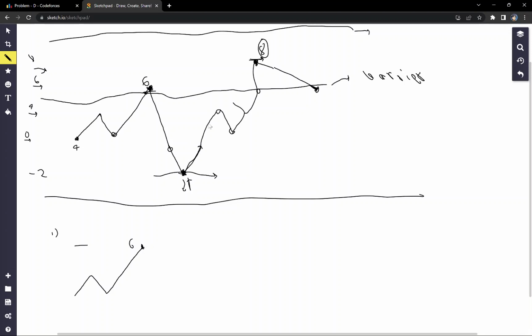Suppose this was -2 and this was 4, so it has increased its value by 6, so again it will increase the value by 6, then again it decreased the value by 4, so the graph will look like this. What has eventually happened is that it has shifted the graph above by this much level.